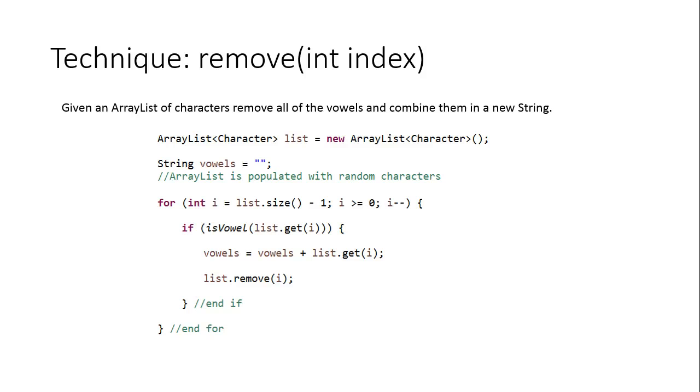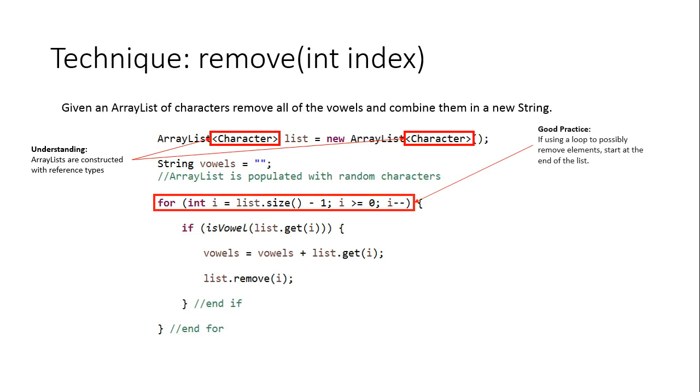Here's an implementation. So again, let's just trace through this. Array lists are constructed with reference types, so I have to make my array list Characters, not chars. And again, a good practice here is, because I might remove an element, I'm going to go from the end of the list to the start. That means I don't have to worry about the shifting indexes.